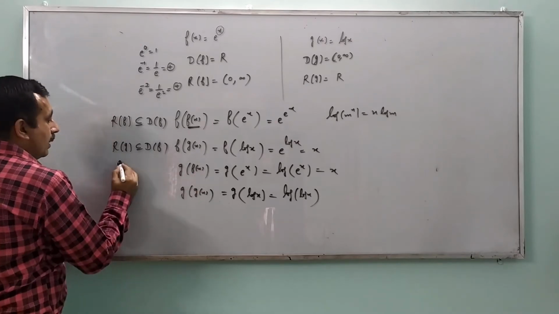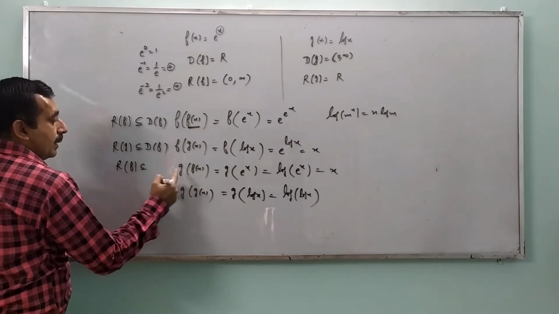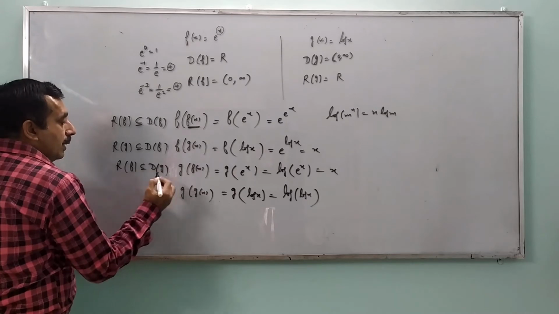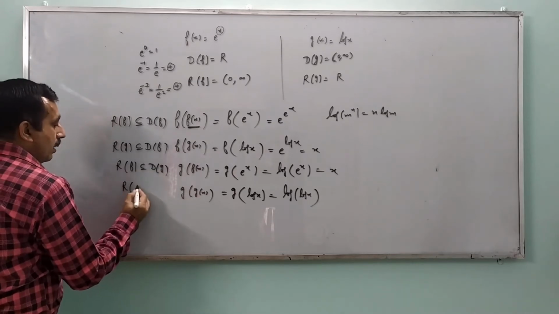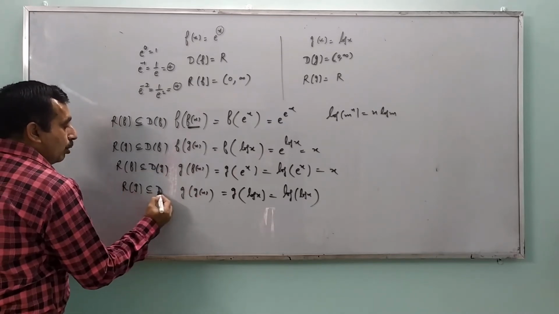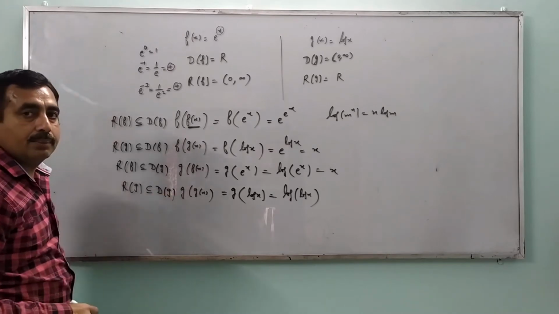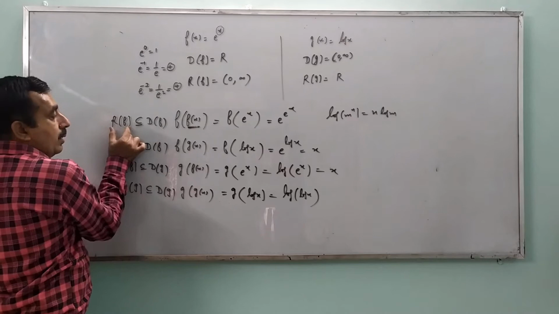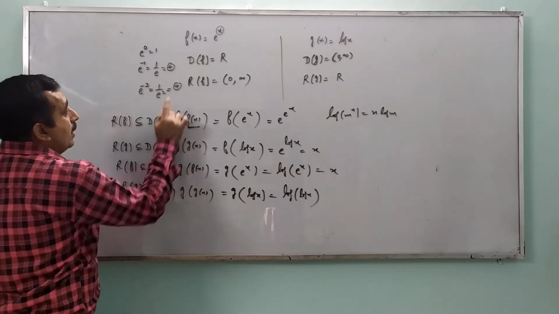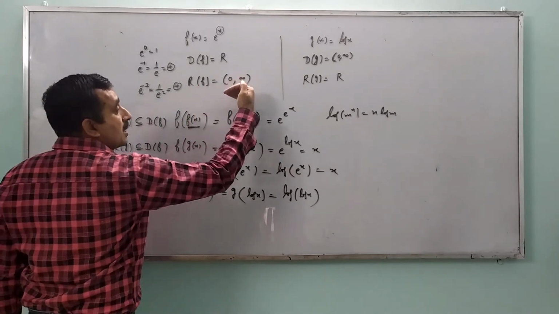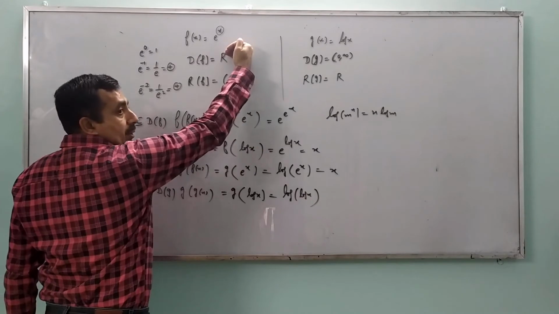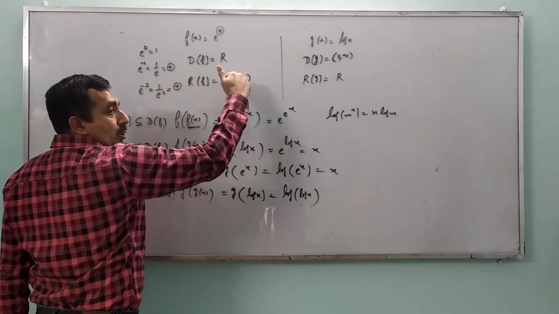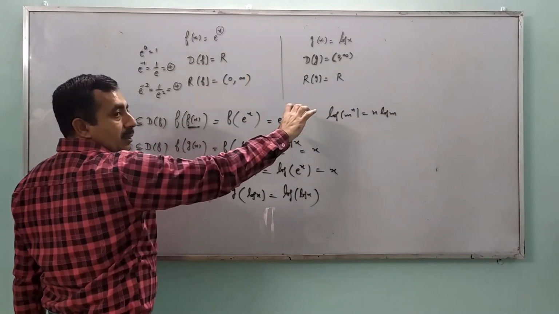This will exist when the range of f is a subset of the domain of g, and this will exist when the range of g is a subset of the domain of g. This is the condition. Now see first, range of f should be a subset of domain of f. It is true. Therefore, this is the right answer.